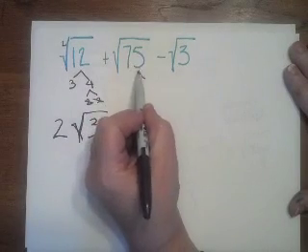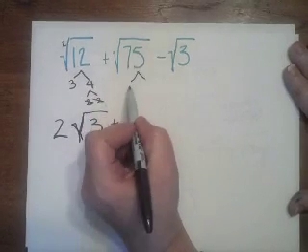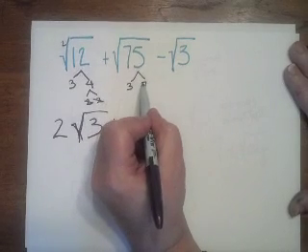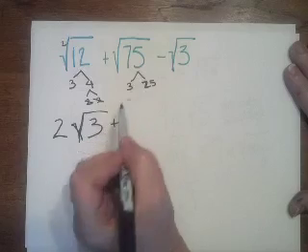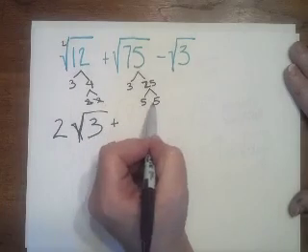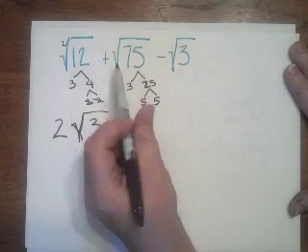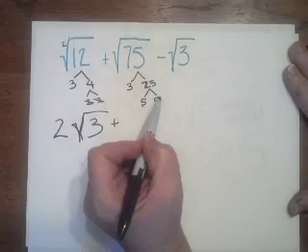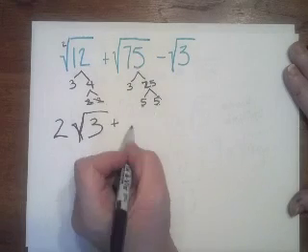Similarly, I can factor 75 as 3 times 25, and 25 is 5 times 5. So once again, I have a pair, or 2 numbers, so I can take them out.